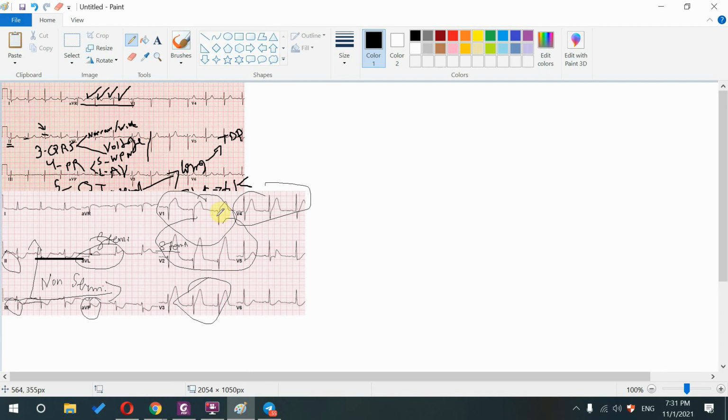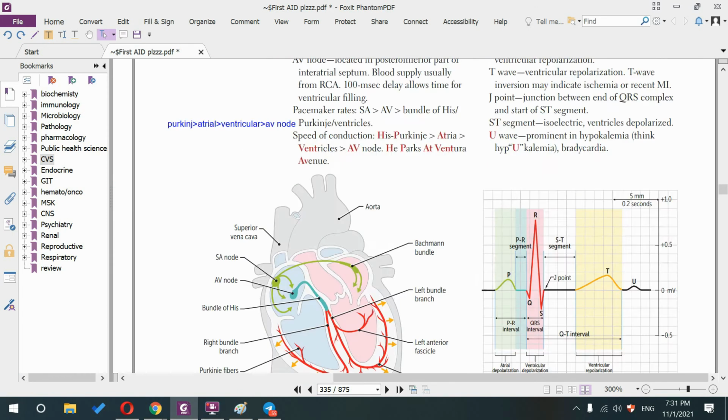If you have a STEMI in one wall of the heart, the wall on the opposite side, if this was elevation, the wall on the other side will be depressed. So if the anterolateral wall has a STEMI, the inferior wall will show non-STEMI changes. We'll speak in the future about these reciprocal changes and how exactly each one of these leads responds to which exact electrode. Okay, so that's it for now.